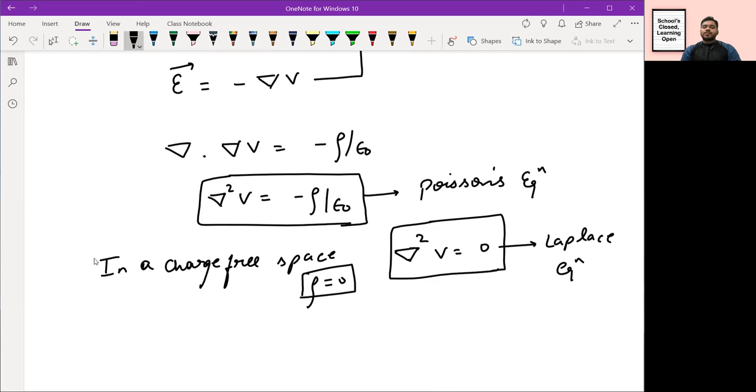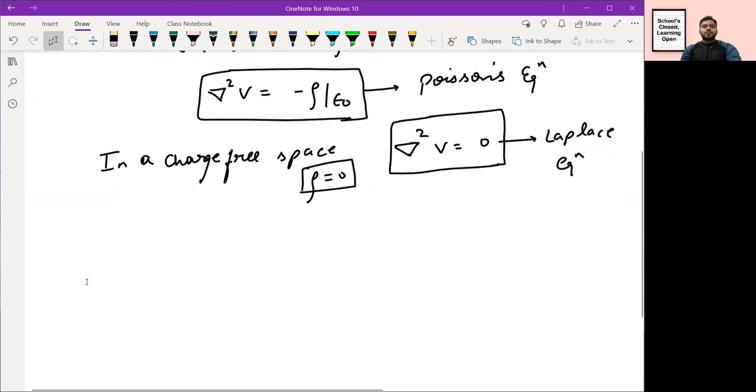This is Laplace equation. Now what we are going to do is take four cases. In the first three cases, we are going to assume that the space is charge free, and in the last one, we are going to take the charge distribution also, and we are going to find out some results from those four cases. So let's get started with case one.